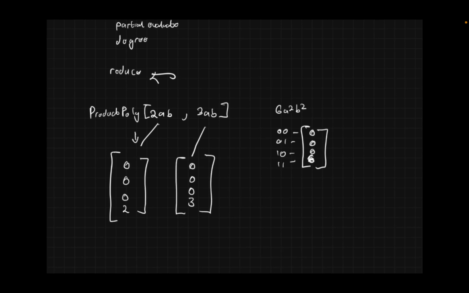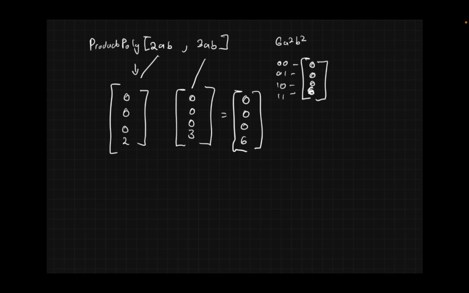So for product poly, it's going to do element-wise multiplication. So this is going to give us 0, 0, 0, 6. This doesn't mean that this is the representation of 6a squared b squared, because that's quadratic.